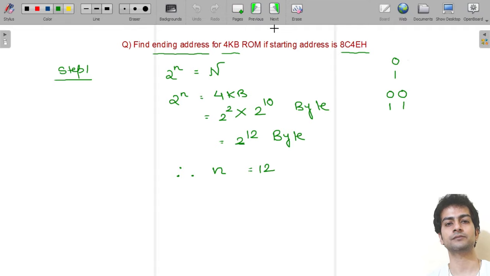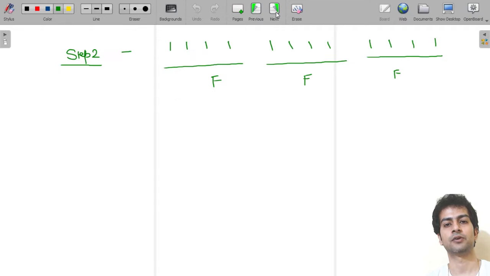Fine. So here the starting address is given as 8C4EH, and here we have found FFF.